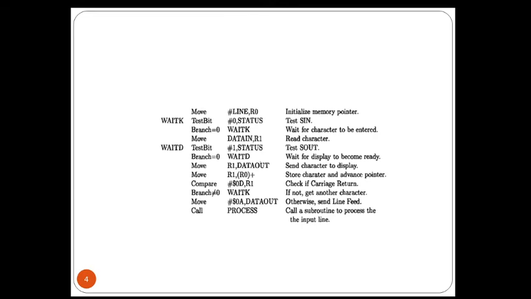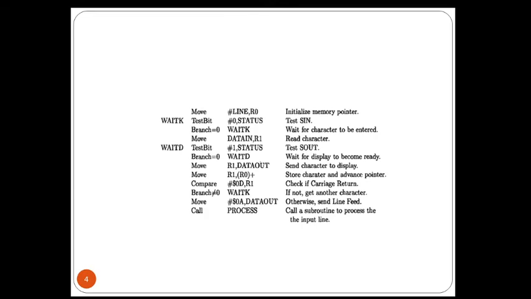The contents of R0 are updated using the auto increment addressing mode, which we studied in the first module, so that successive characters are stored in successive memory locations.